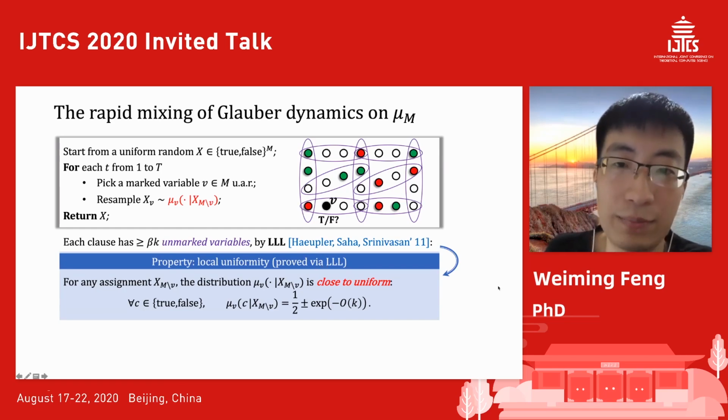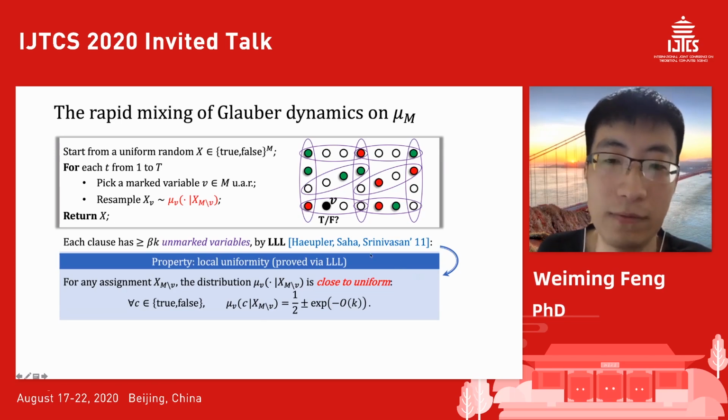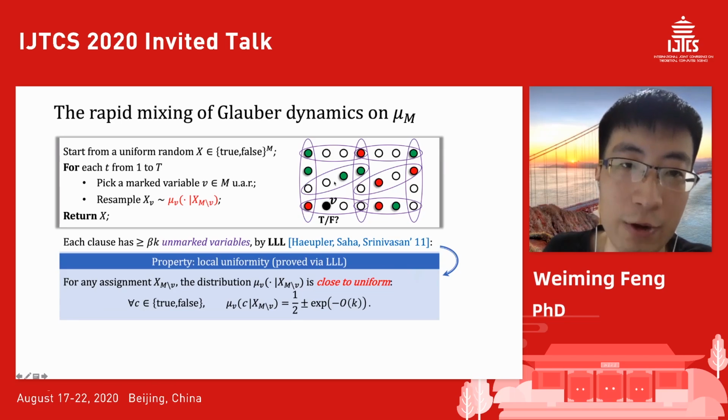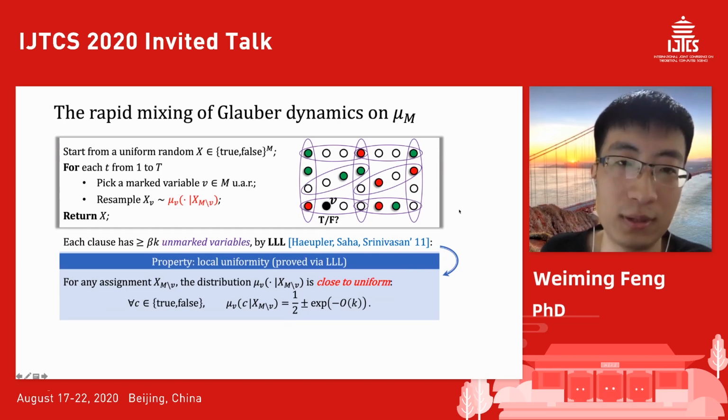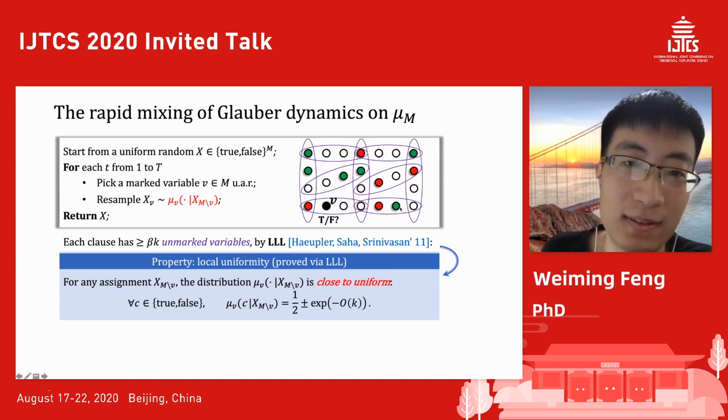This lemma is proved by the Lovász local lemma, as each clause contains at least beta k unmarked variables, and these variables, the white variables in this picture, are unassigned in the conditional distribution. Intuitively, given any assignment of marked variables, we can set the assignment of all these white variables in this picture to get a satisfying assignment.